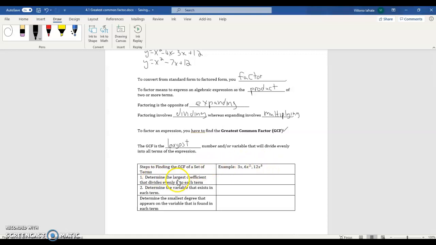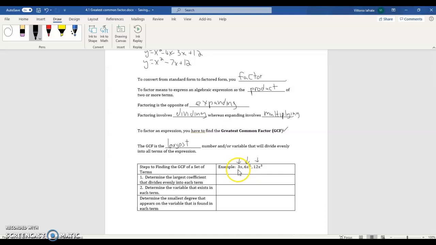Our first step is to find the largest coefficient that divides evenly in each of the terms. So we don't want to end up with any decimal values or anything. We want to end up with nice whole numbers in this case here for now. We have coefficients, so the numbers at the front, 3x, 6x, 12. I want to see what the biggest number is that can divide evenly into each of those.